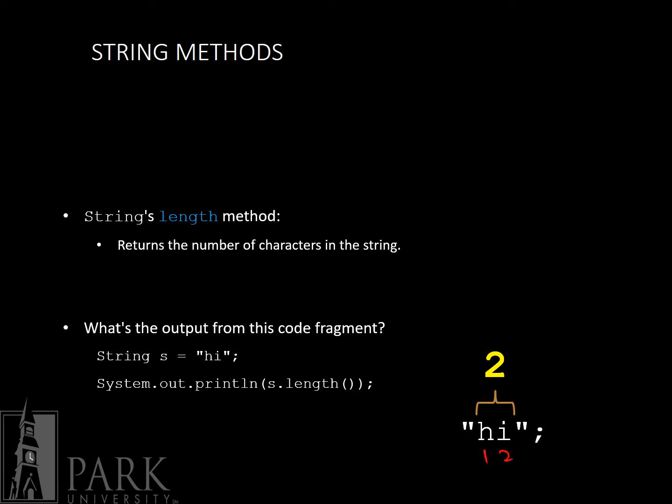But the index, so if we say count, and then index, its index is 0, and its index is 1. So it can be a little bit confusing, but the length of the string here is 2, but the position of i would be 1. Hopefully that makes some sense.